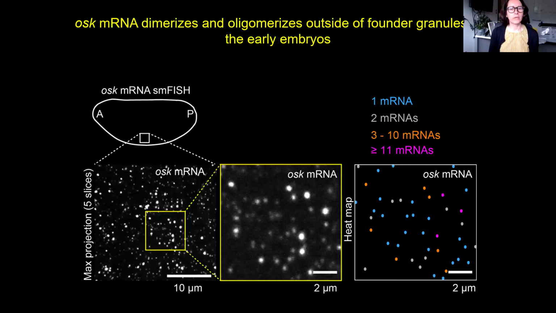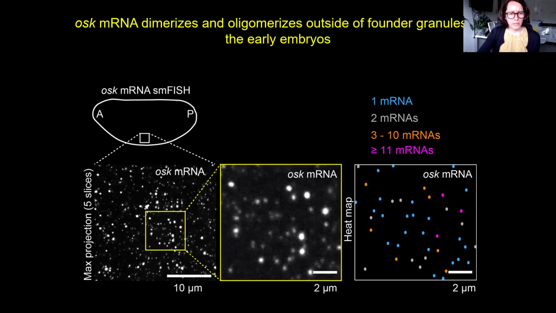So this RNA is already organizing as a transport particle before it reaches the posterior. And you can see within the heat map image here how the abundance of this RNA is distributed among these RNA clusters. So you can see singlets, doublets, clusters that contain 3 or more mRNAs, and even some clusters that contain more than 11 oskar RNAs.